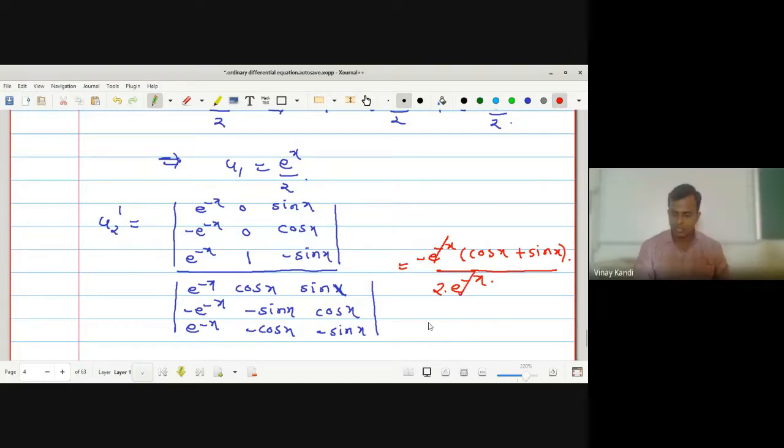So here we get 1 by 2. u2 dash is equal to minus 1 upon 2 into cos x plus sin x. Okay, so this is the u2 dash.